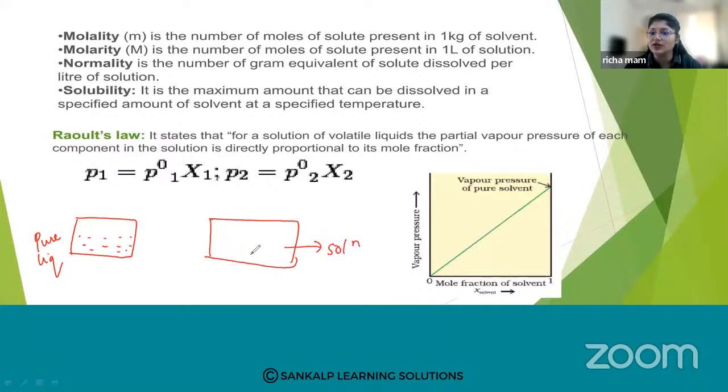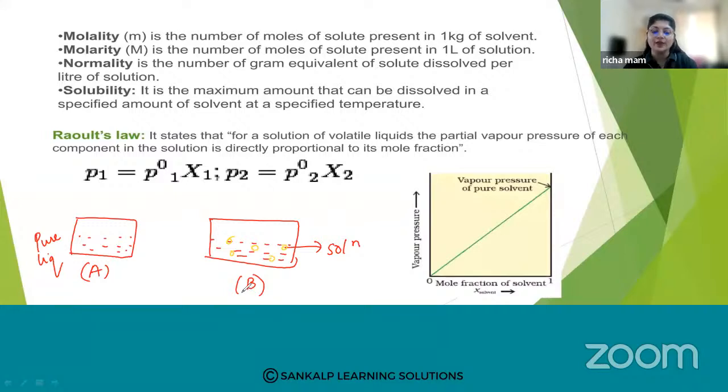Solution means solute and solvent both are present, so this is not pure. It is mixed. But the pure liquid is pure. So this is pure A and this is solution B.